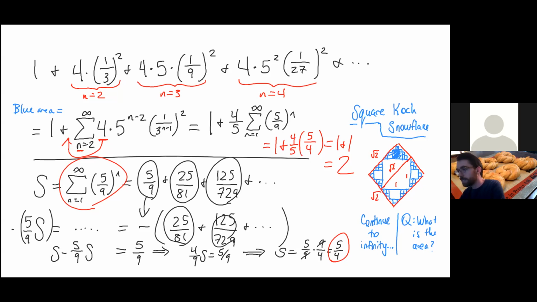So it's some area less than or equal to 2. This shows that the blue area is literally equal to 2, not less than it, but equal. Which means, if you think about it in the geometric way, the snowflake fills up the diamond. If you continue to infinity, they're one and the same.